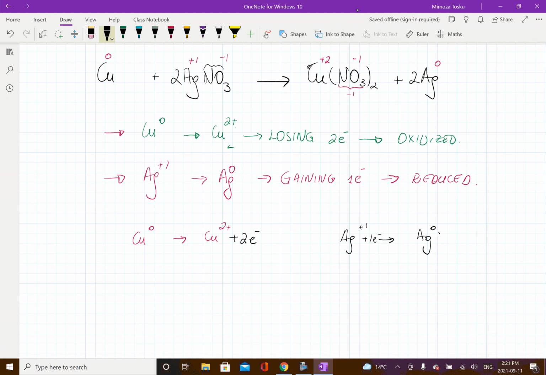So those are the half reactions that are happening in this single replacement reaction. Since copper is losing the electrons, this is the oxidation half reaction, and this one here is the reduction half reaction.